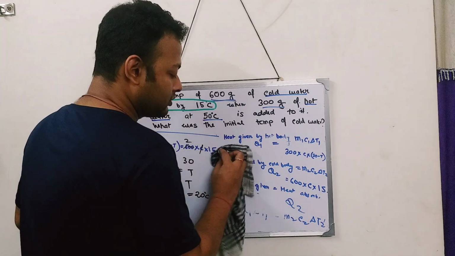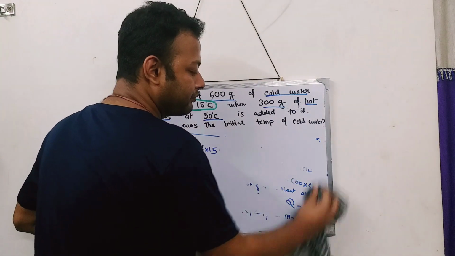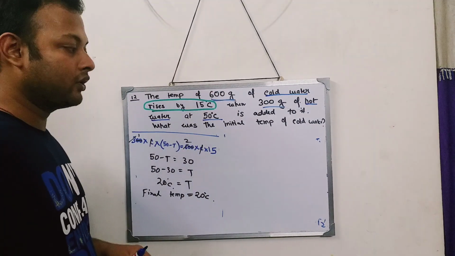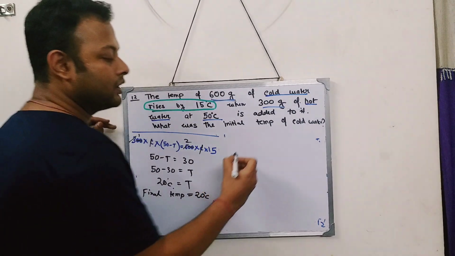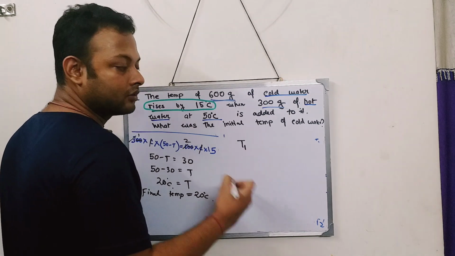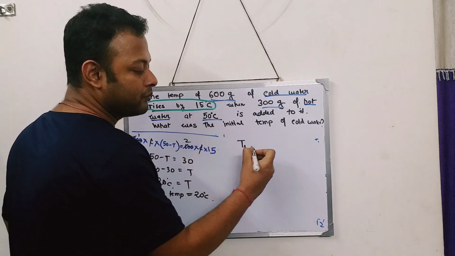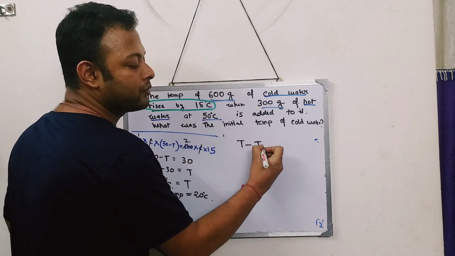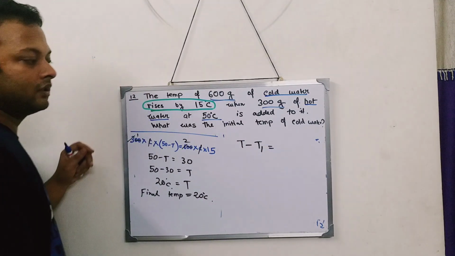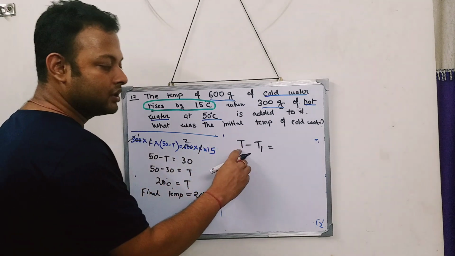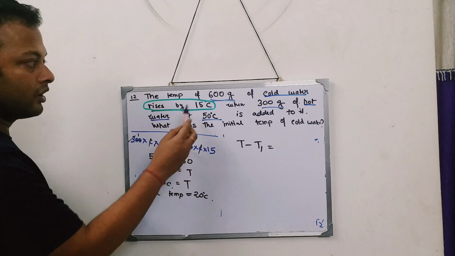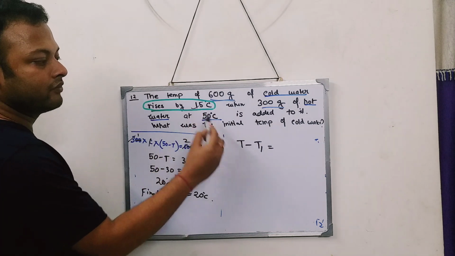So after this, how to do the sum? See, for the cold water, the initial temperature was T1 and the final temperature was T, and this rise from the initial to final was given as cold water rises by 15 degrees.